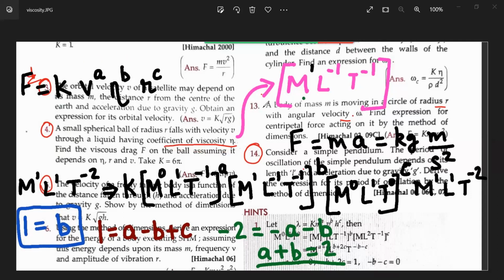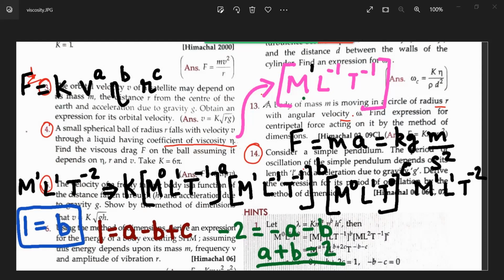But once we have derived this formula, then we'll try to understand how the coefficient of viscosity is this. So let us go with the flow, and assume that the coefficient of viscosity is M raised to power 1, L raised to power minus 1, T raised to power minus 1.